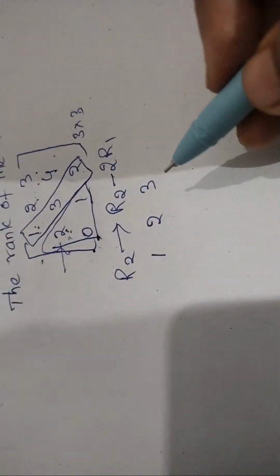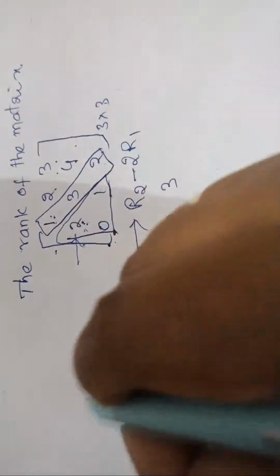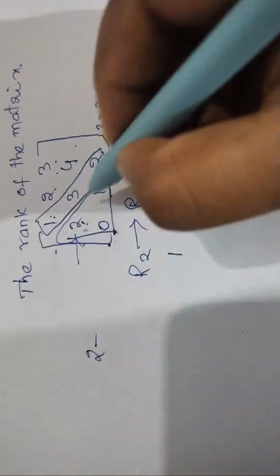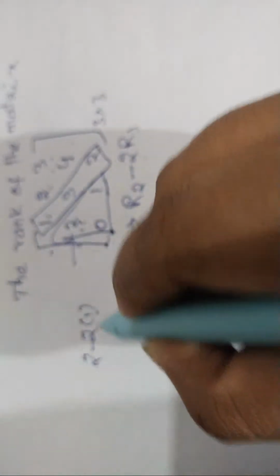So 1, 2, 3 I will write as it is. Now next, R2 minus 2 R1. R2 is 2 minus 2 into R1. R1 value is 1, so 2 minus 2 is 0. So I'll get this value as 0.